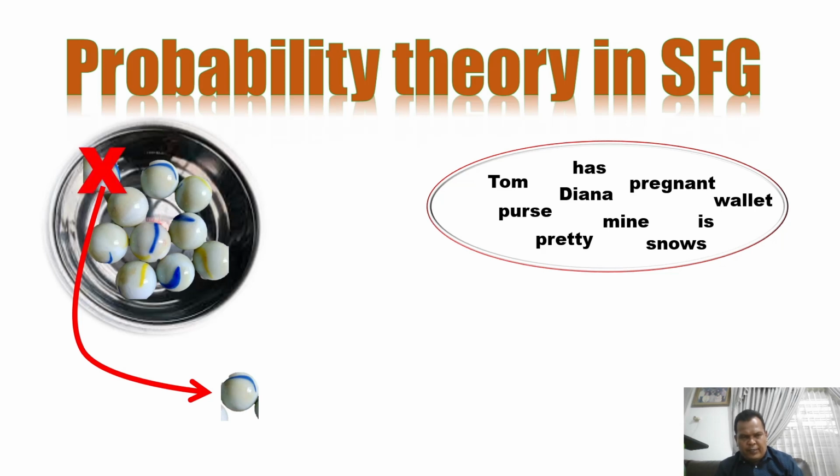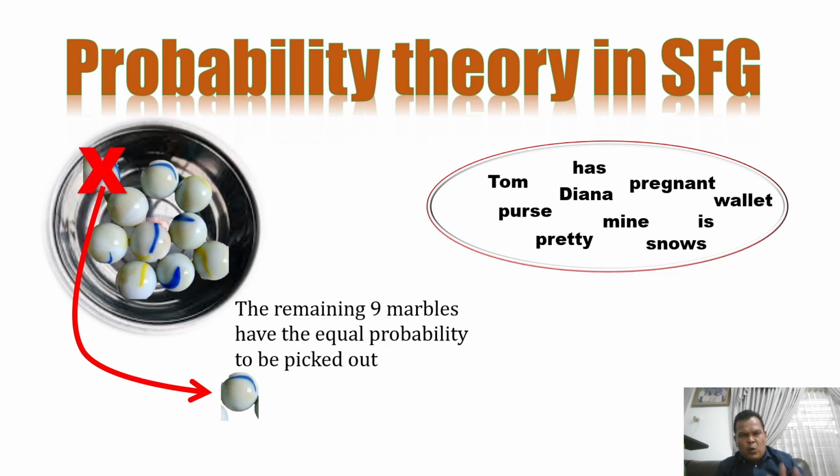It means that we have 9 marbles left. And you see here that the remaining 9 marbles have the equal probability to be picked out to accompany the marble that has been taken.